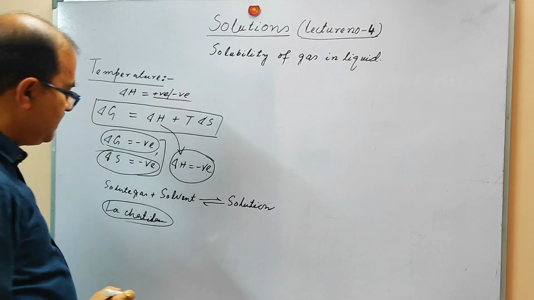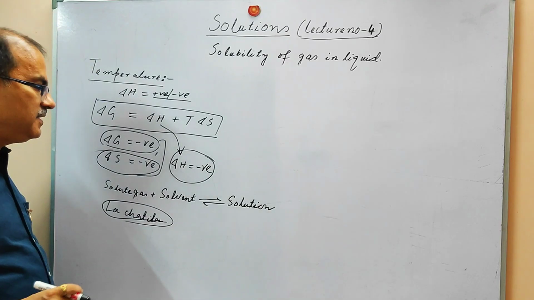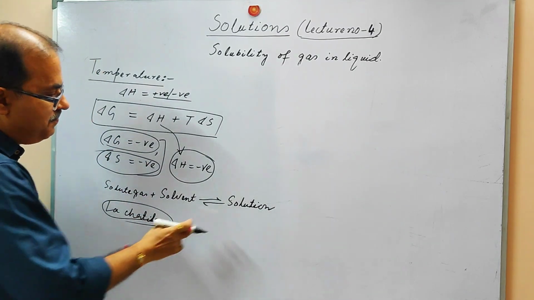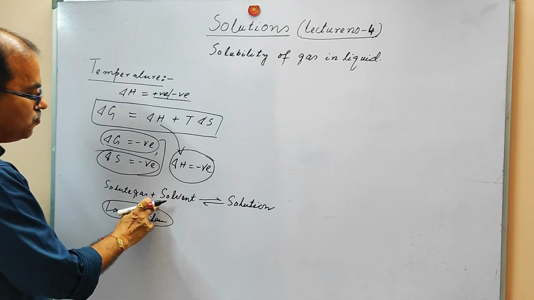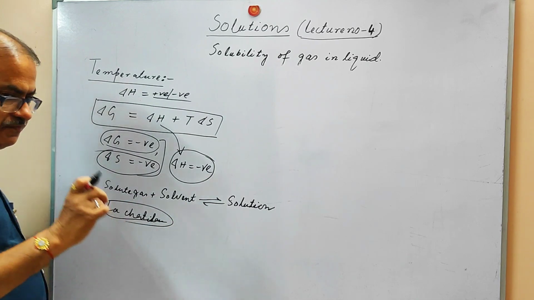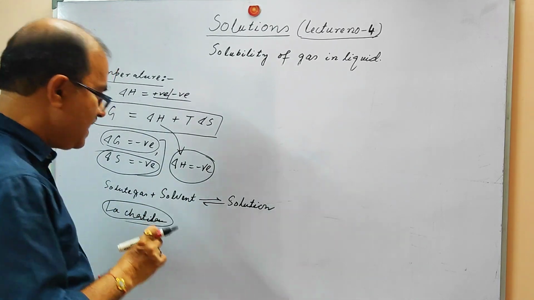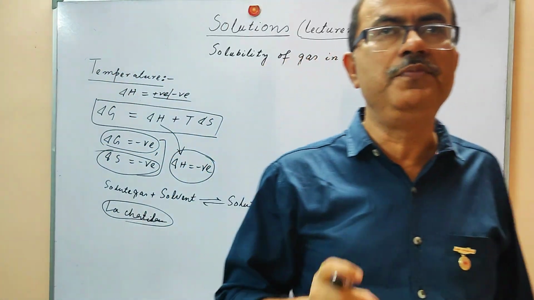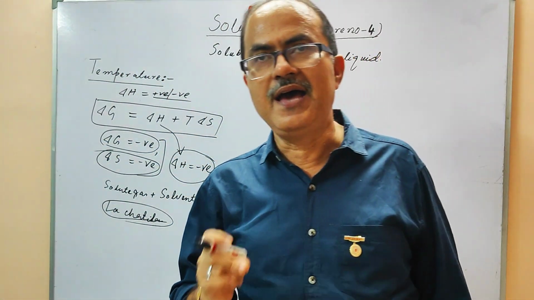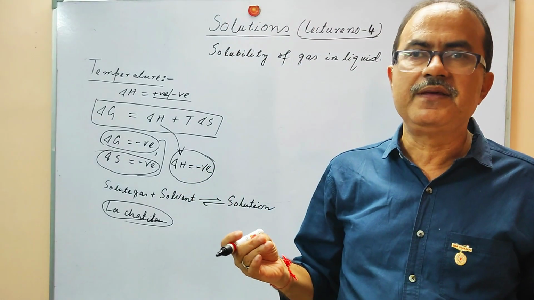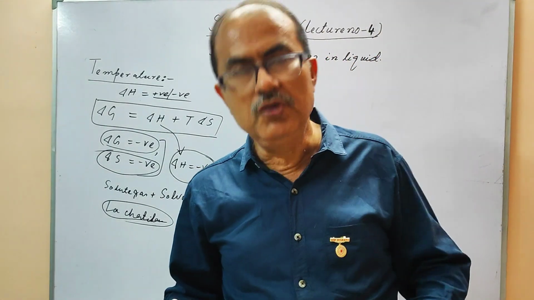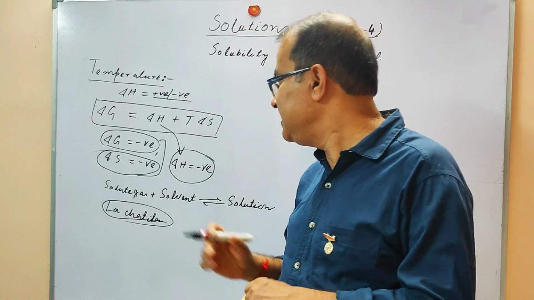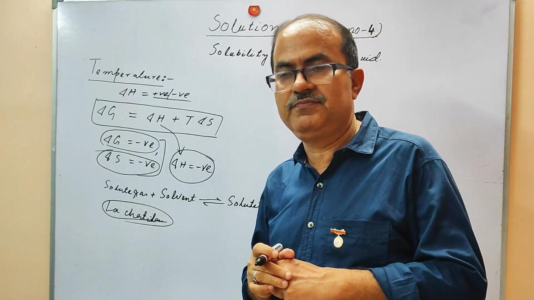we can easily understand that when we increase the temperature, the reverse reaction will go on, meaning the solubility of the gas in the liquid solution will certainly decrease. As we increase the temperature, the solubility of the gas will decrease, because it is an exothermic process.